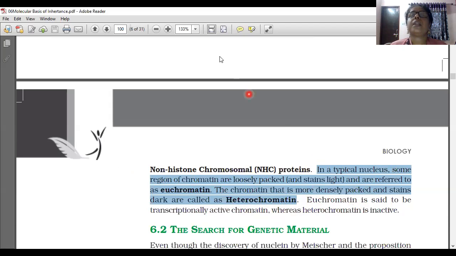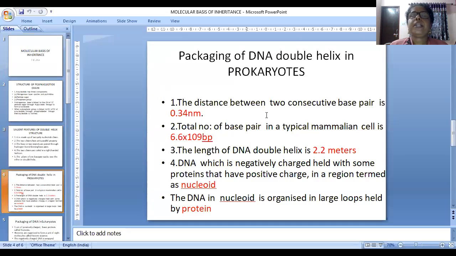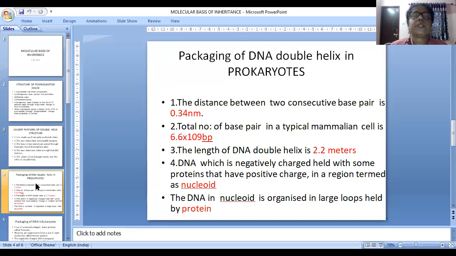Now I will show the slide to you. The packaging of the DNA double helix structure is shown here. First, in prokaryotes.